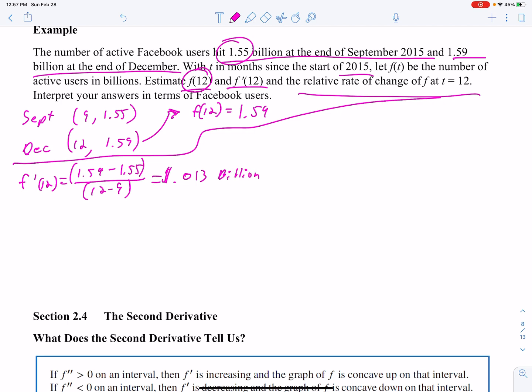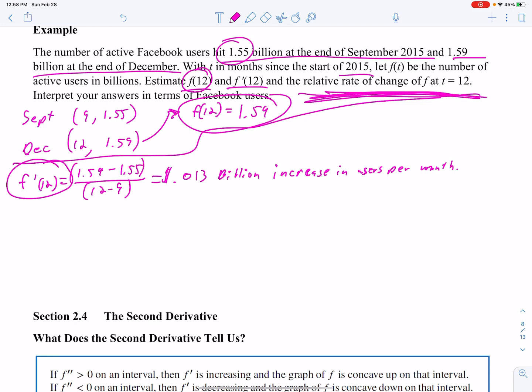Now, since it's positive, 0.013 is a positive number, it's a 0.013 billion increase. There we go. In users per month in this case. Oh, we should say that. Increase in users per month. Okay, so we found f of 12, we found f prime of 12.